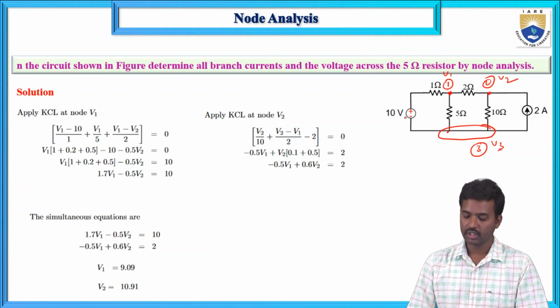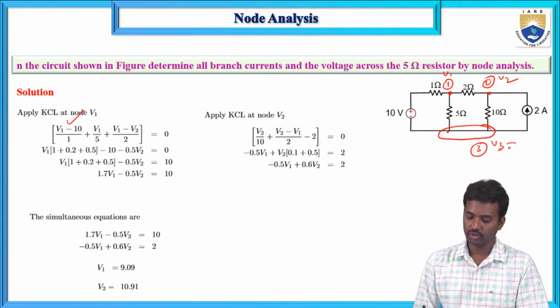Now (V1 minus 10) by 1, and (V1 minus V3) by 5, where V3 is the reference voltage 0. Determine the junction voltages and branch voltage. And next (V1 minus V2) by 2 equals 0.